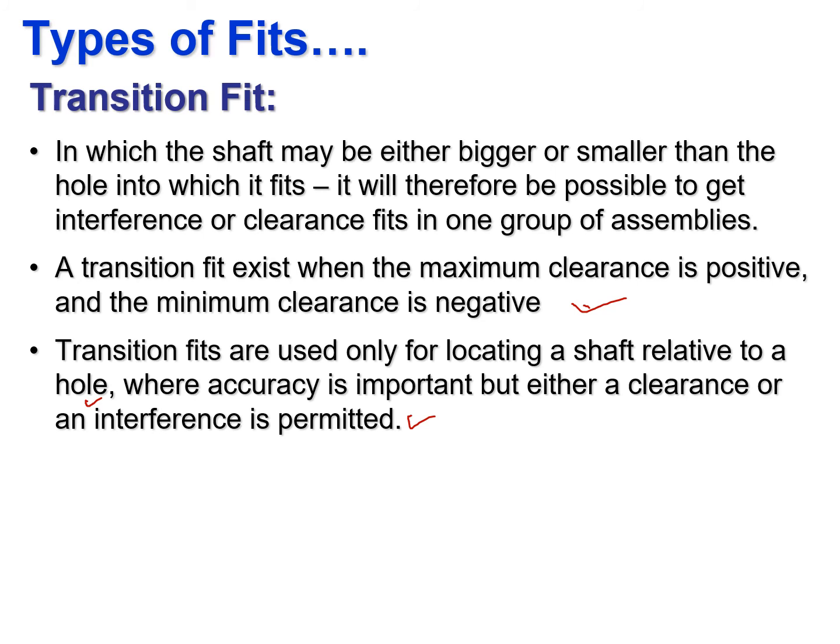The best example of transition fits is the piston and cylinder that are used in internal combustion engines. The piston, as you know, can freely move up and down in this cylinder, but it also cannot permit any exhaust gases in this cylinder.